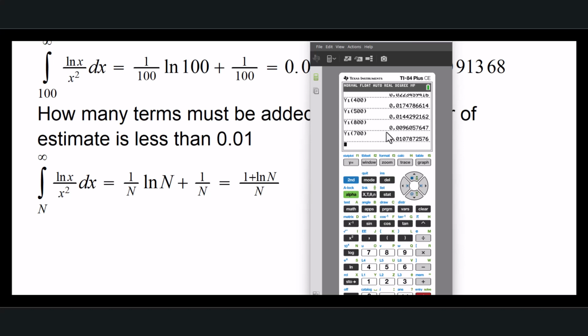So let's try this then. I would try, say, 790, looking at the difference. It's coming up that much, so we know it's below 790. Let's go 770.